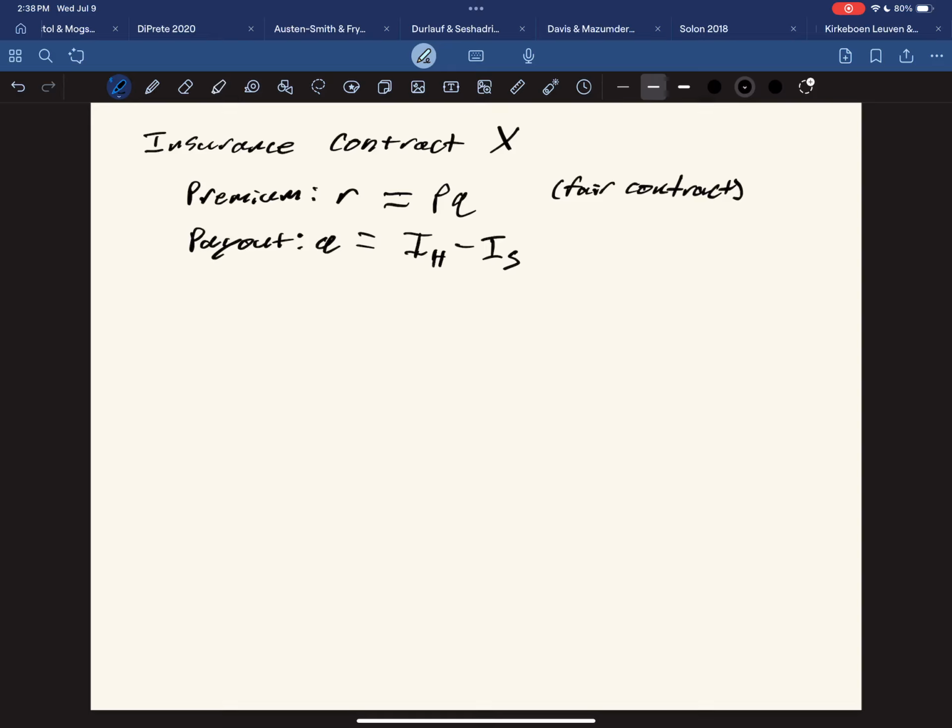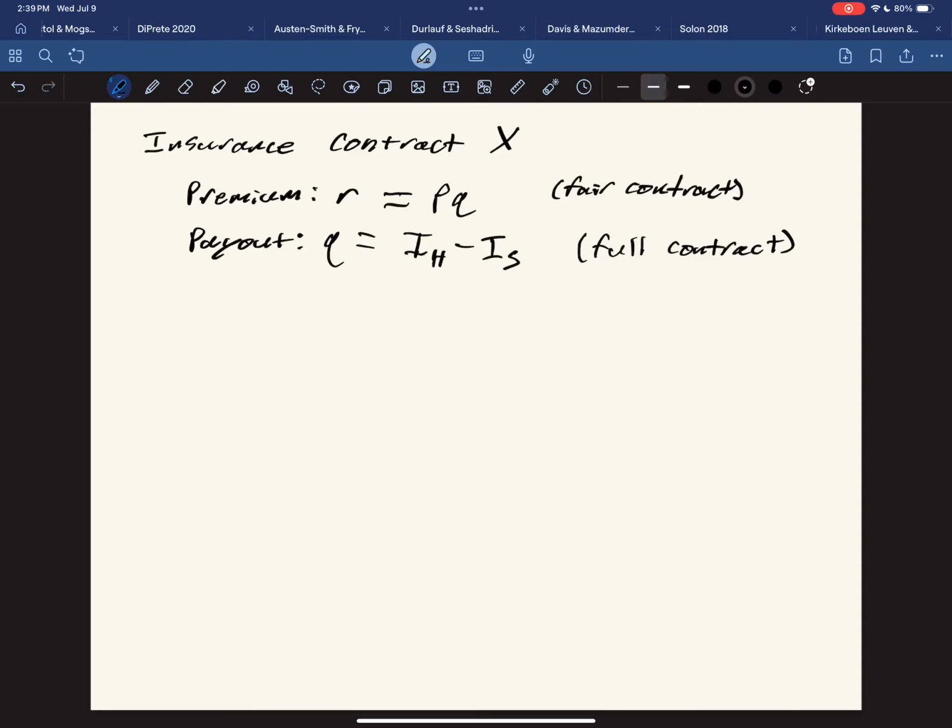And this is a full contract, which means my income is the same in either state, whether I get sick or not. And a fair contract means on average, neither me nor the insurance company makes any money.